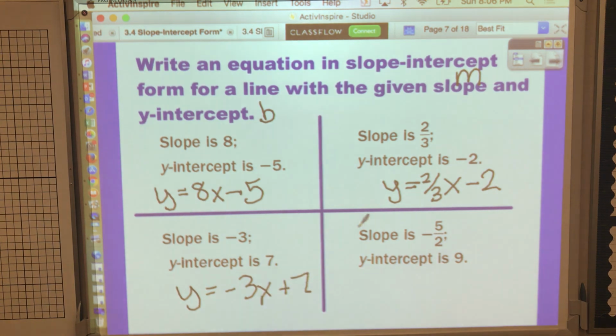And the last one, slope m is negative 5/2. Again, notice it's still that improper fraction. Okay, our b, our y-intercept, is 9, so we have y equals negative 5/2 x plus 9. And that's writing those equations in slope-intercept form.